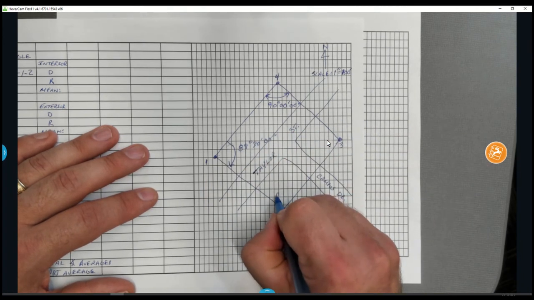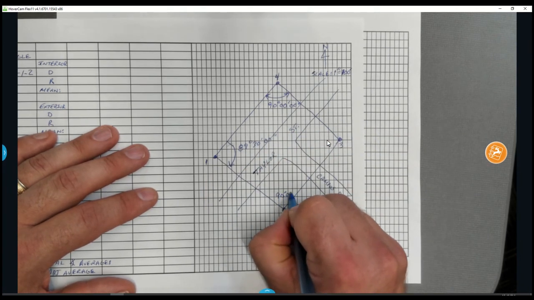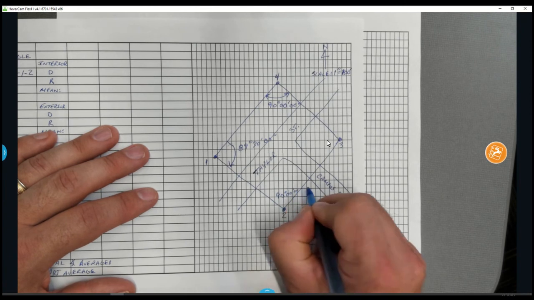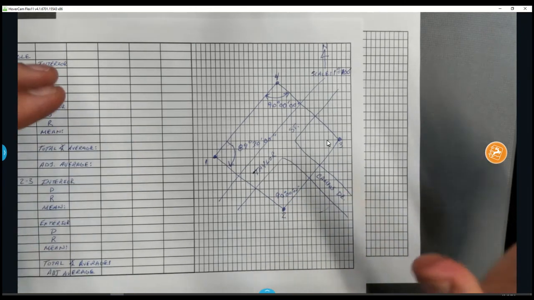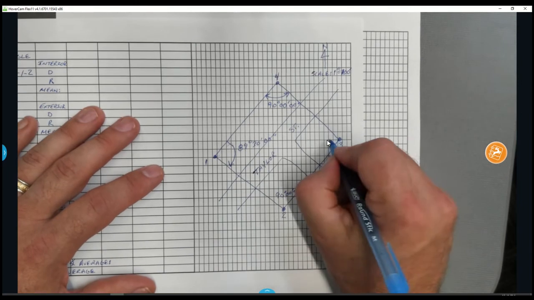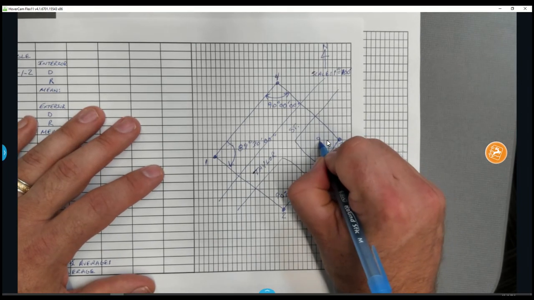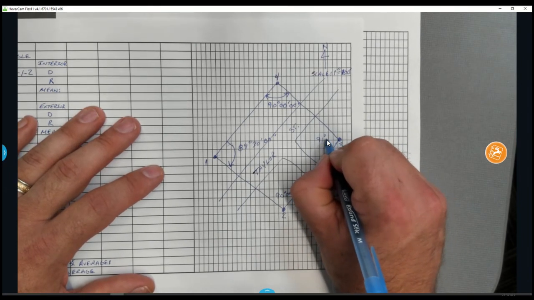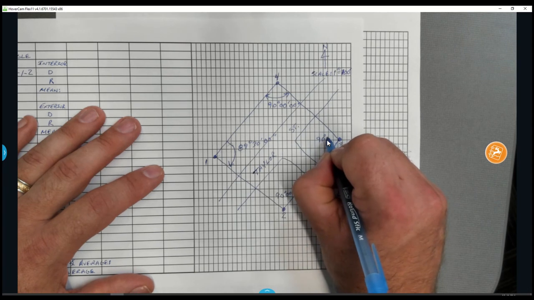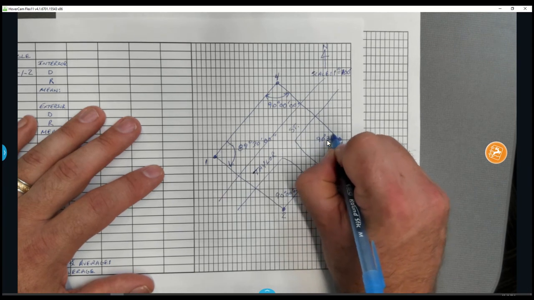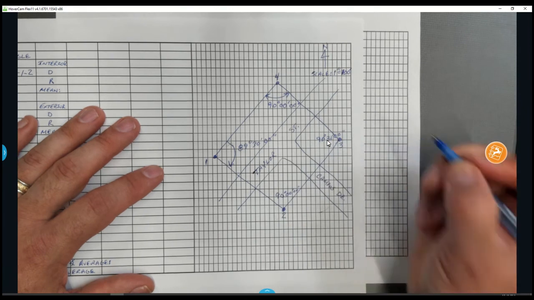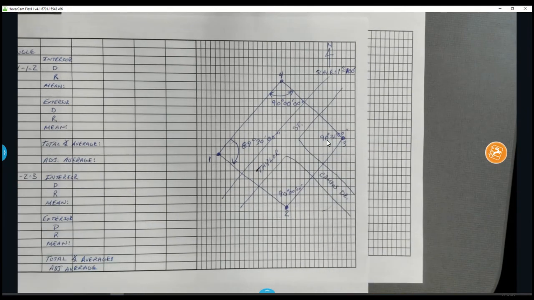Say this one turns out to be 90 degrees 00 minutes. Okay, so we've got like a little rhombus going on. And this one comes out to be 90 degrees 31 minutes 00 seconds. Okay, say that's what the angles come out to be.